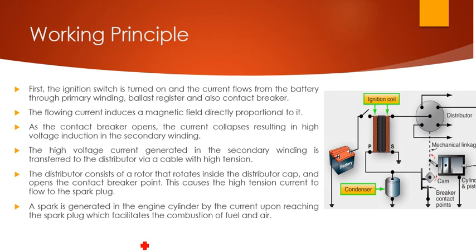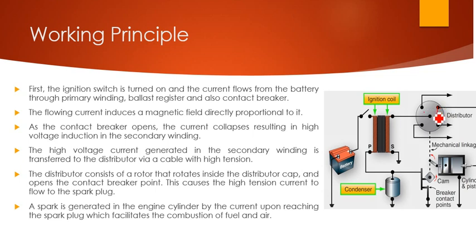Then the distributor consists of a rotor that rotates inside the distributor cap and opens the contact breaker point. This causes the high tension current to flow to the spark plug. As I already told, after the distributor, see here there are 4 distributor points.